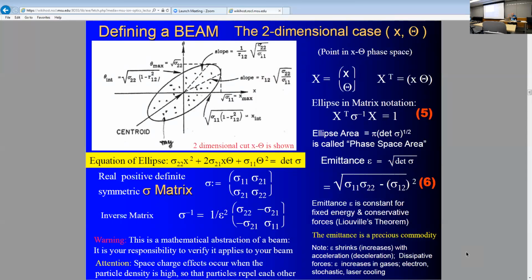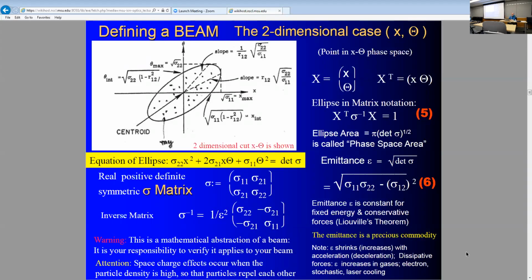You cannot just put something small in and cool the beam. So we have to be very careful. We have to know the emittance, and we have to be very careful to preserve it and not increase it unnecessarily, because we never get that back, and that will make the beam larger, the magnets become larger. So that's why I call it a precious commodity.